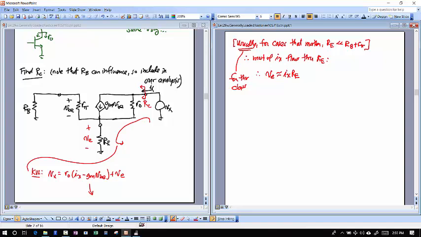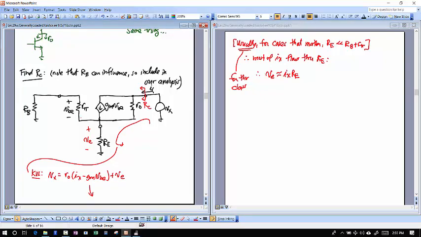And so if this is the case, then I can continue with my analysis, and I can now say that the current flowing through R pi, which I used to call Ix, but I'm going to call I pi now. So this current I pi is just going to be equal to the voltage across all of these things here, VE.